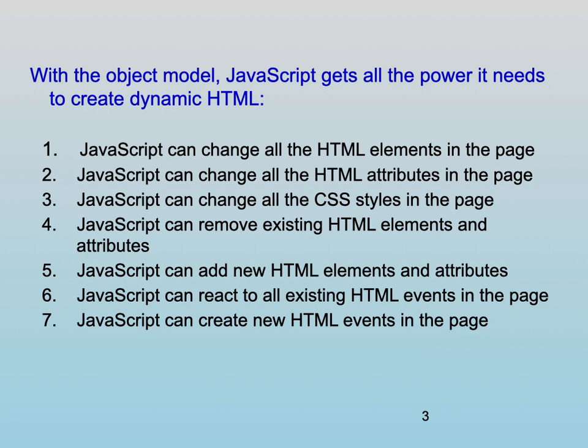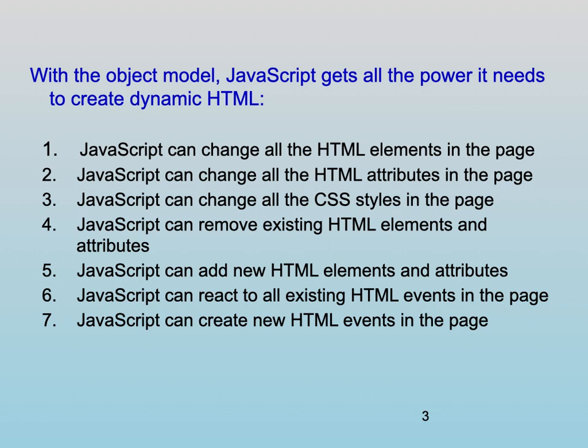There is no user interaction. On the other hand, when you create dynamic HTML, you can communicate or interact with your web page. User interactions are there. So here, JavaScript can change all the HTML elements in the page.